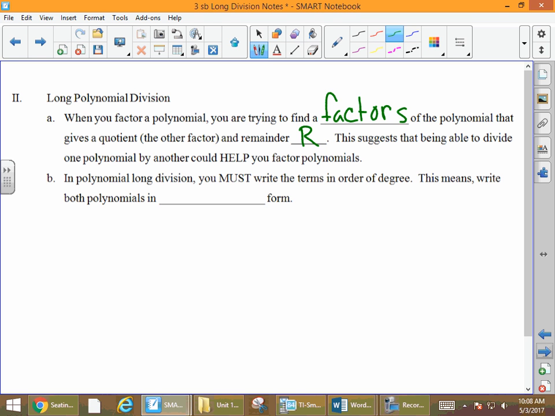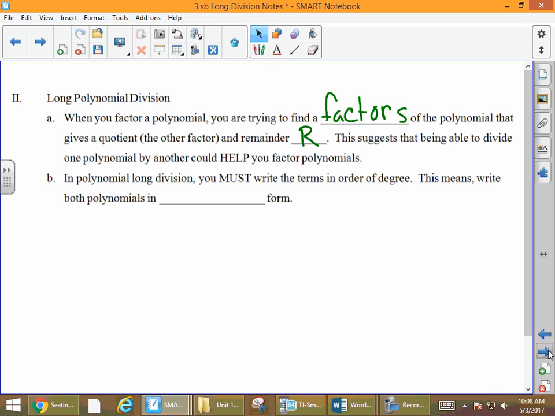We hope that the remainder is 0, because if the remainder is 0, then we have found a factor. But we'll look at that as we go through these notes here in a couple minutes.